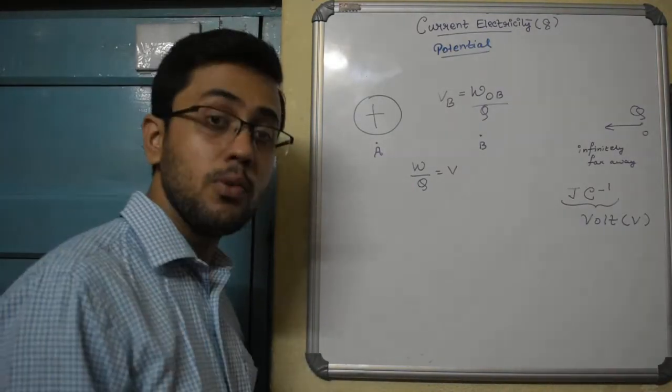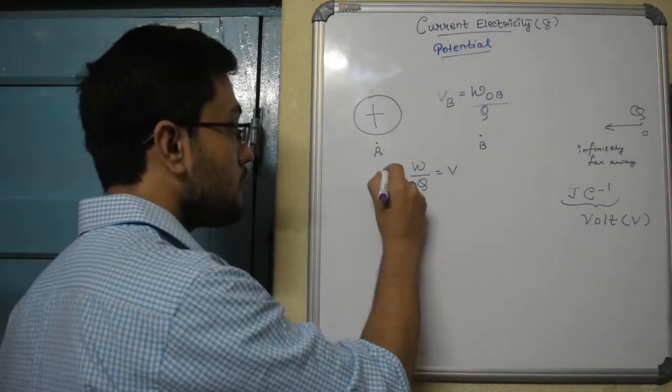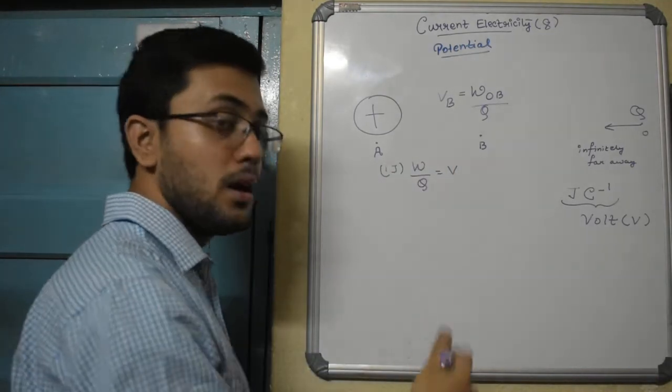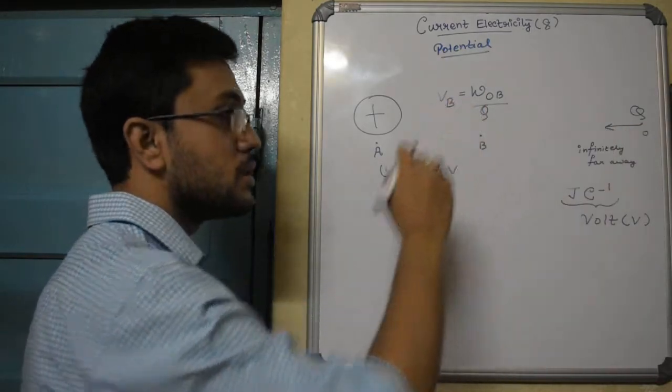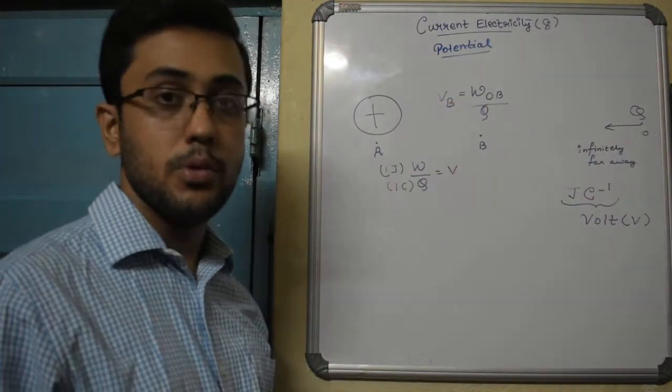The potential is said to be 1 volt when a work of 1 joule has to be done in bringing a charge of 1 coulomb from infinity to that point where we are measuring the potential.